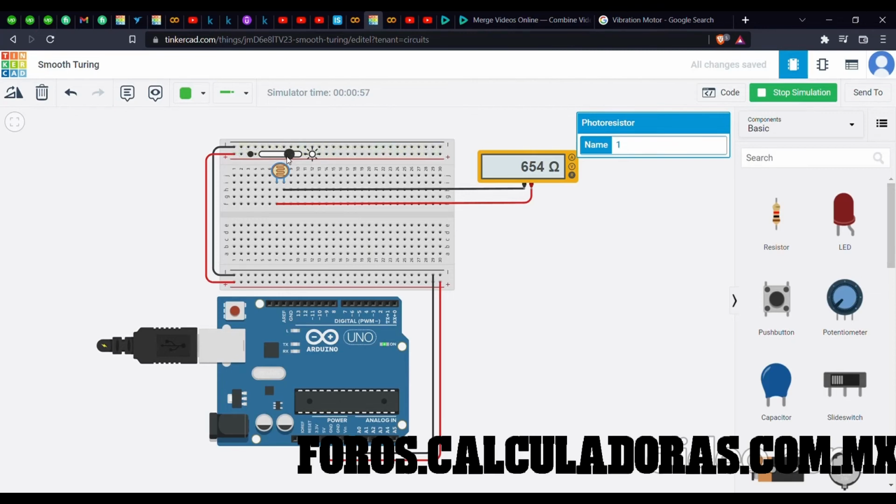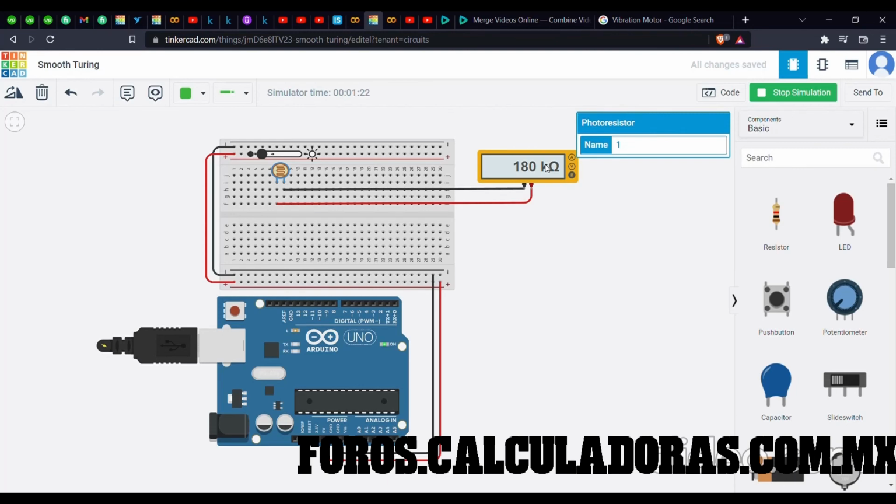Let me emit 100% sunlight on this photoresistor. So we have found out that the minimum resistance of this particular component is 506 and the maximum resistance is 180 kilo ohms.